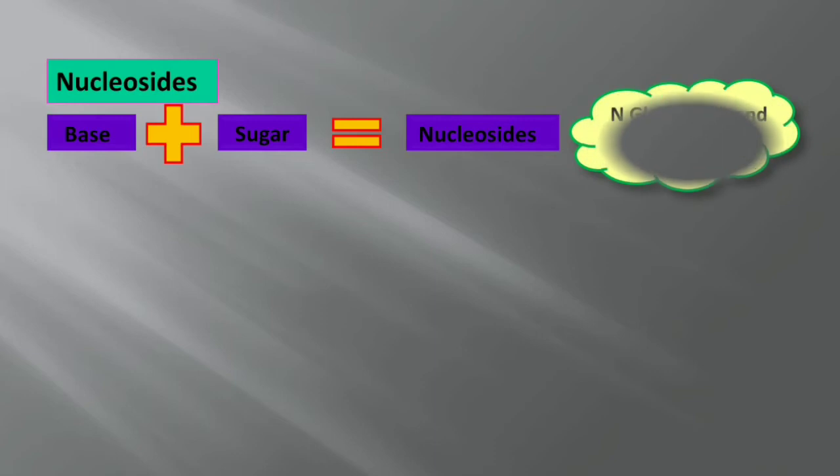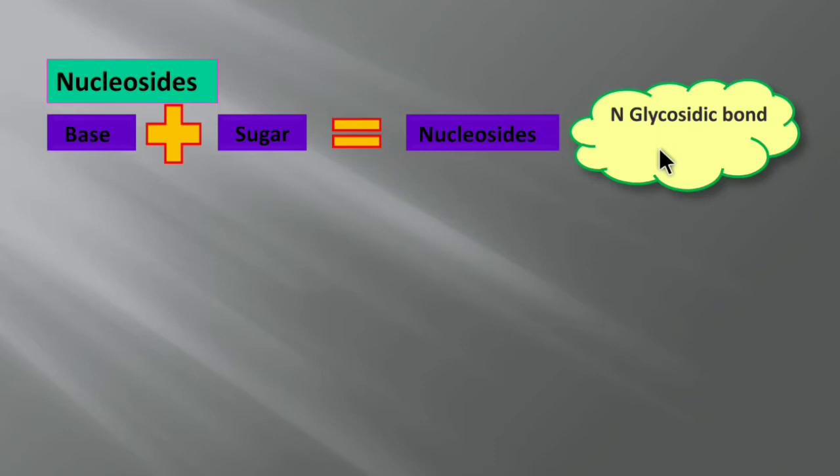So look at here, in between nitrogen base and sugar, a bond formation takes place, and that bond we call the N-glycosidic bond.